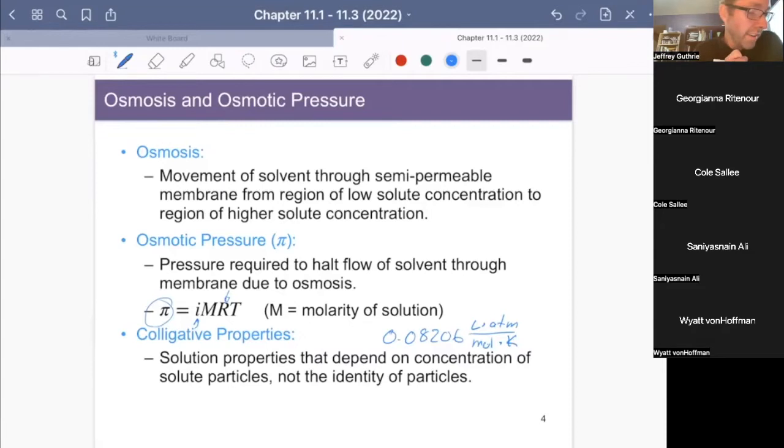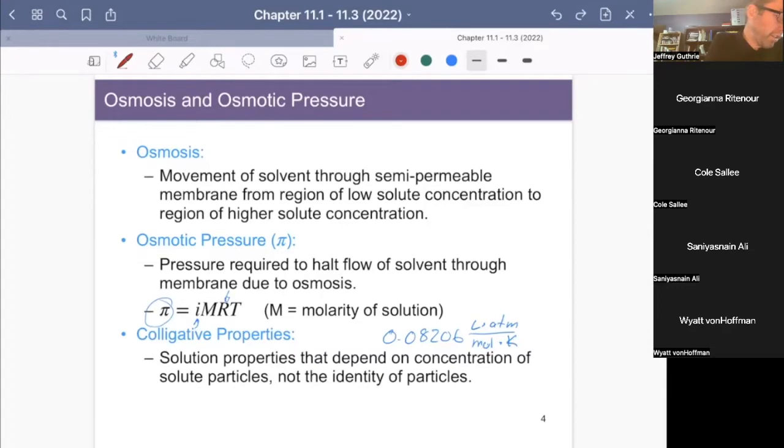That constant tells us what units we need for everything else. Molarity should be moles per liter, matching the liters and moles in our constant.